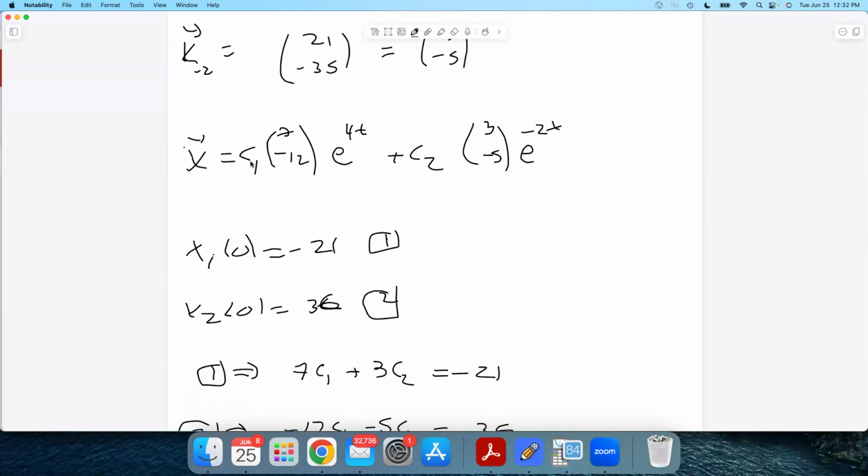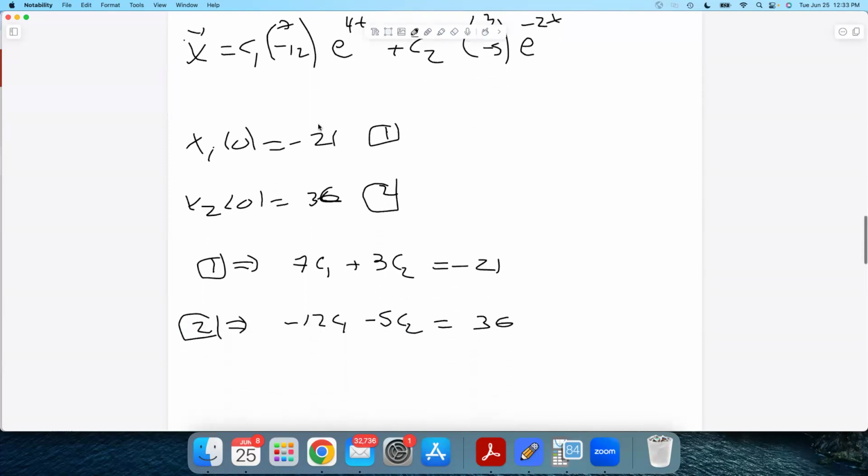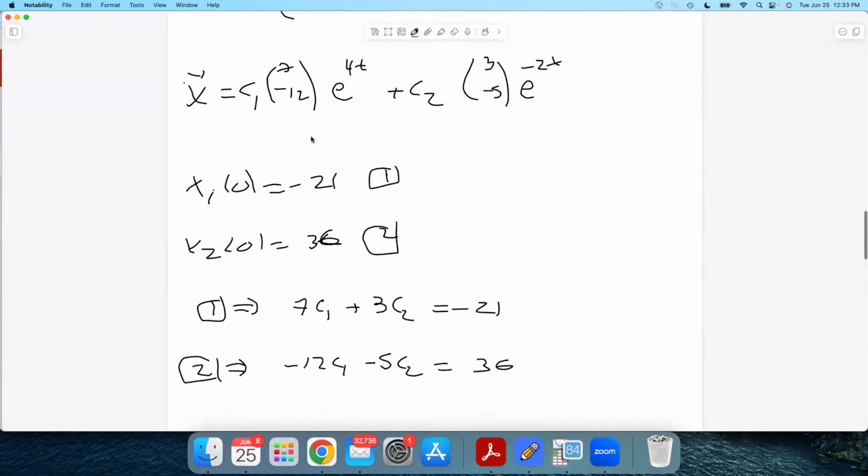So that's 7 C1 e to the 4t plus 3 C2 e to the negative 2t. X2, just everything along the bottom. So plugging in our initial conditions, plugging in 0, e to the 0 is just 1. We get this equation on top because we're supposed to equal negative 21, and this equation on the bottom.